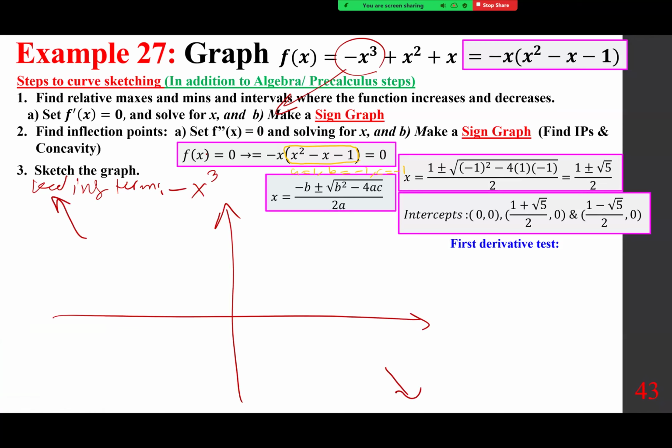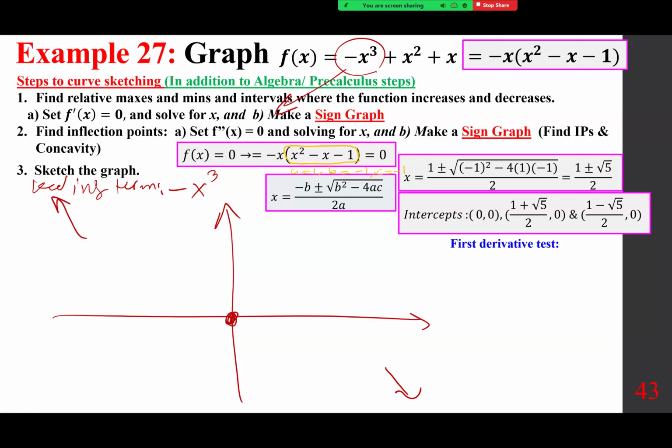Now we have the intercepts. This is 0, 0. And for 1 plus square root of 5, the square root of 5 is a little bit more than 2, because square root of 4 is 2. It's roughly about 2.4, 2.5, and you add 1, 3.23 divided by 2, close to 1.6. I say that because of the graphing.